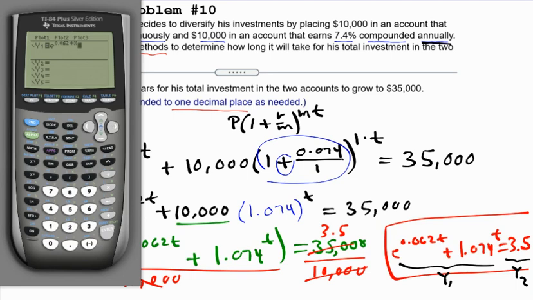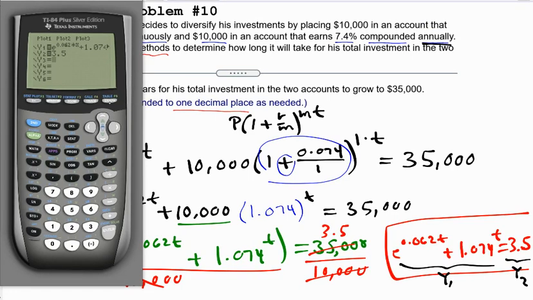I'm going to hit the right arrow to get out of the exponent, hit plus 1.074, the caret to go back into the exponent, x. So this is the left-hand side of my equation, and the right-hand side is 3.5. So we want to know when the combination of these exponential functions are going to grow together to reach 3.5.